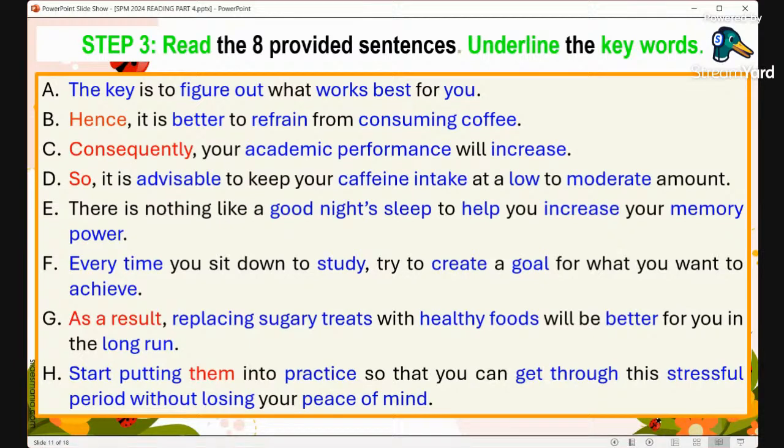And H, start putting them. The word "them", I put it red because what does "them" refer to? It must have something stated before that, so that when they say it in this sentence, you know what "them" refers to. So these are clues that you need to highlight because you can't just see the words and say this is the answer.